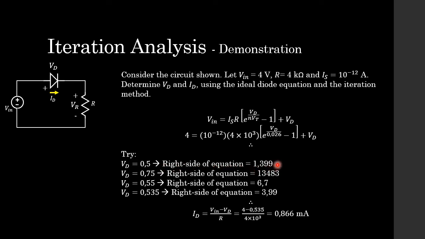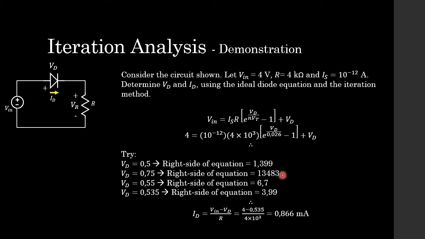So that tells me I need to go up with my Vd value, which I did. I took it all the way up to 0.75 volts, threw it into the equation, and I got a very large number, 13,483. So that tells me that the Vd value lies somewhere between 0.5 and 0.75.